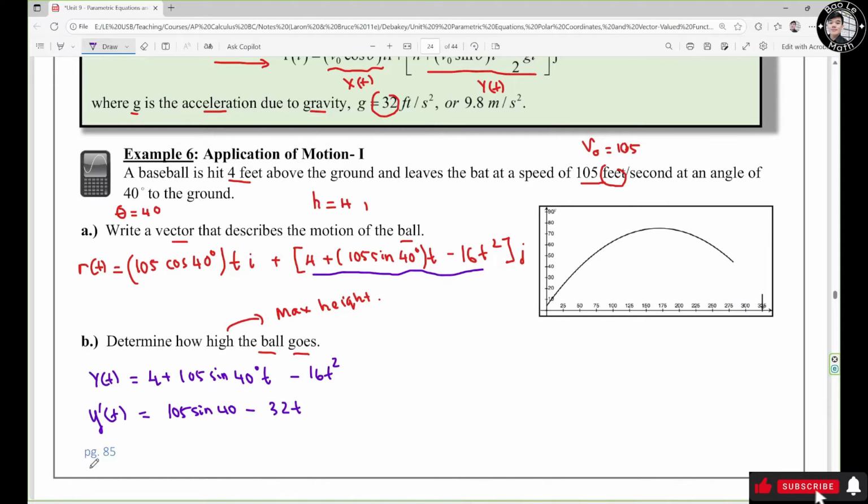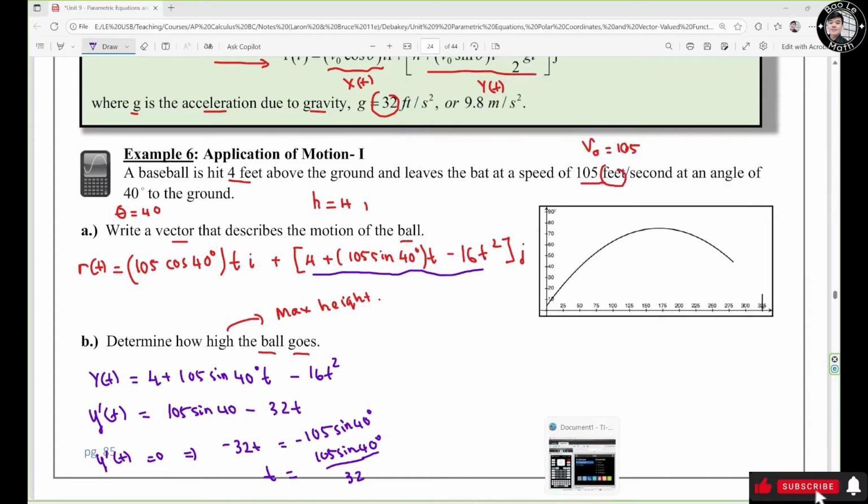Then you're going to let y prime of t equal 0 so that you find the critical number. So negative 32t equals negative 105 sine 40 degrees, and then t equals 105 sine 40 degrees divided by 32.